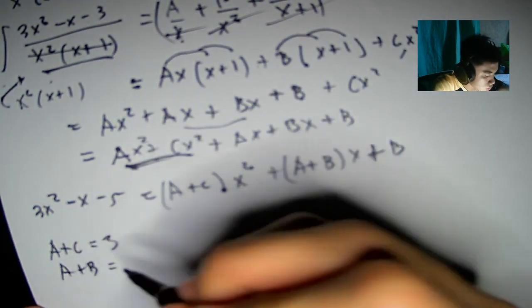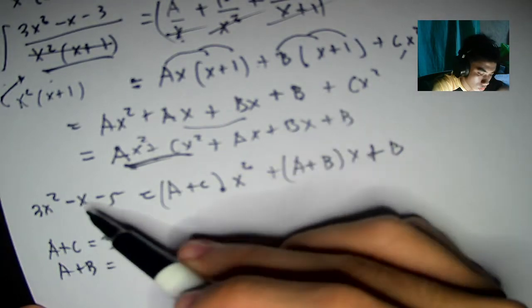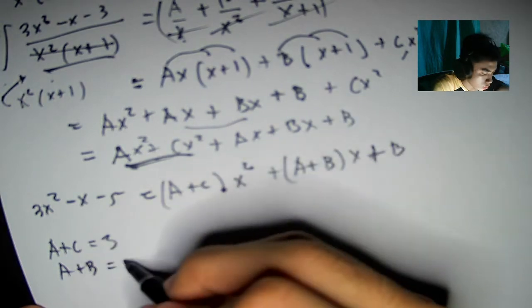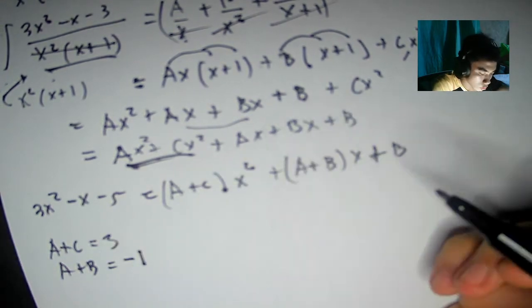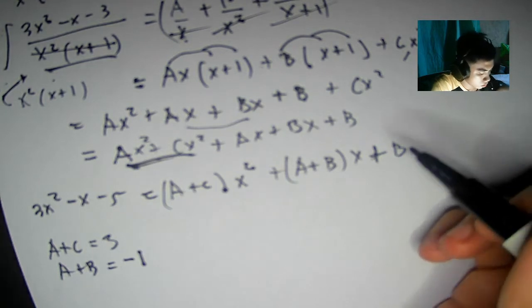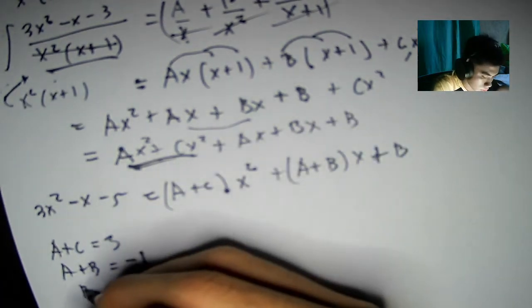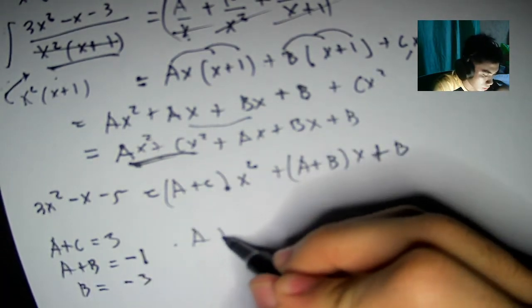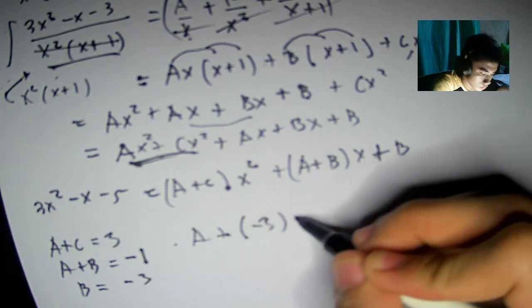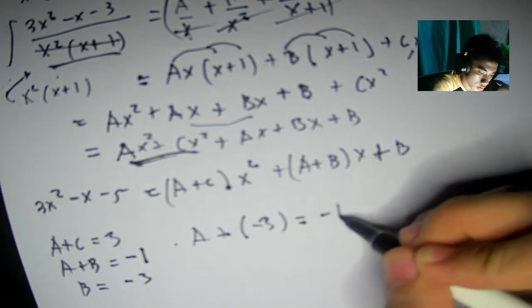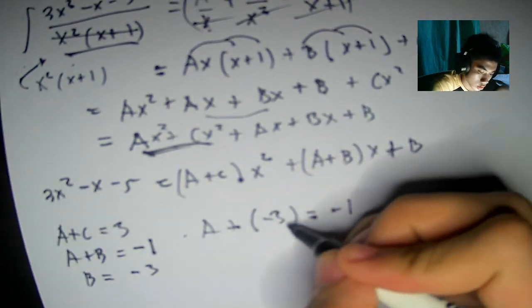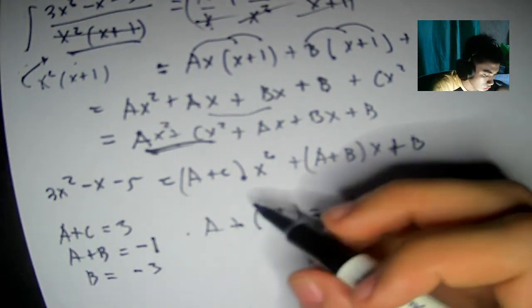Plus b is equal to negative 3 is equal to, so a plus 3, that's negative 1. So plus b, negative 1.